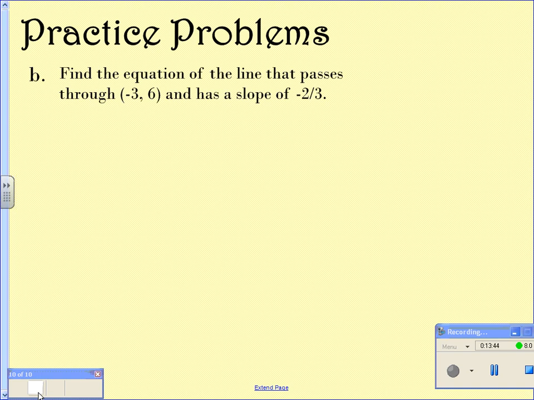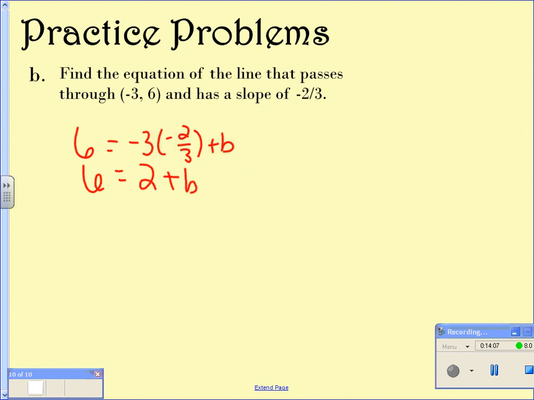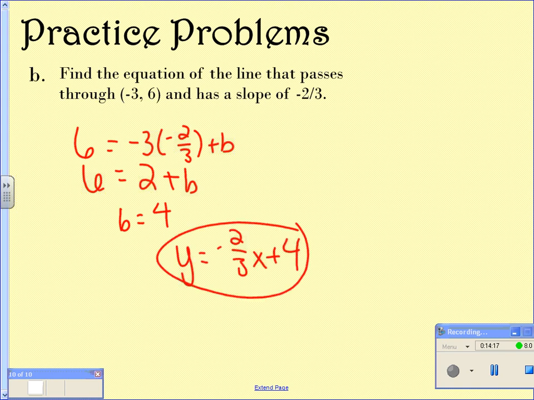Do you have to graph this one? What do you do? Do you agree? Negative 2/3 times negative 3. What? So what would b equal? And your answer? Y'all see how that works? Any questions?